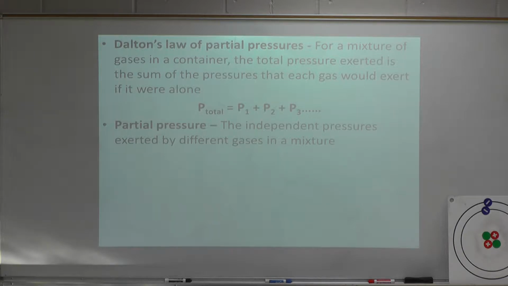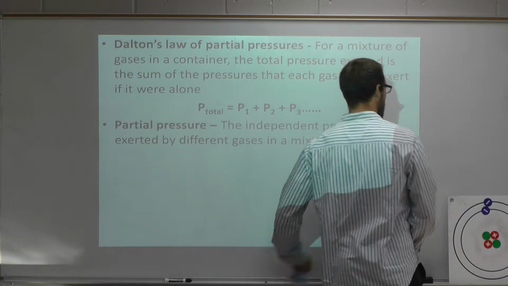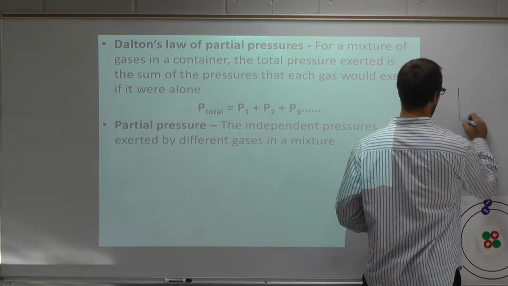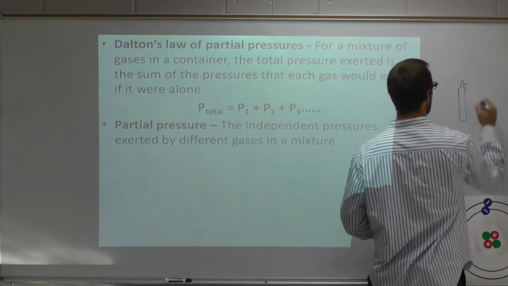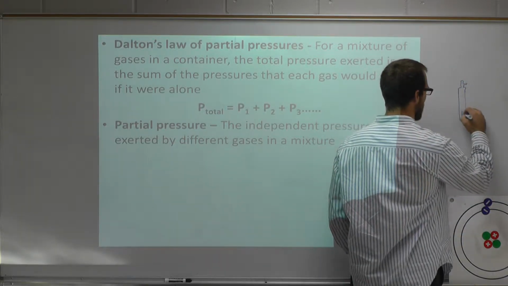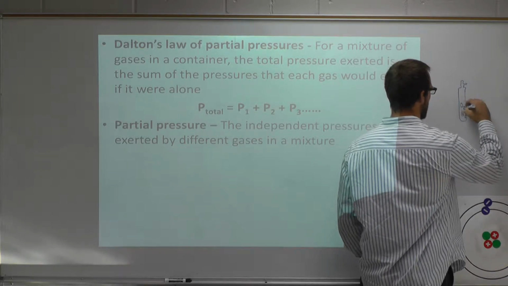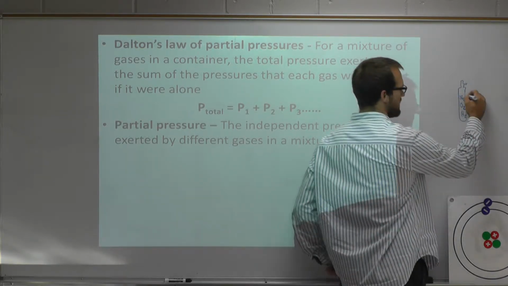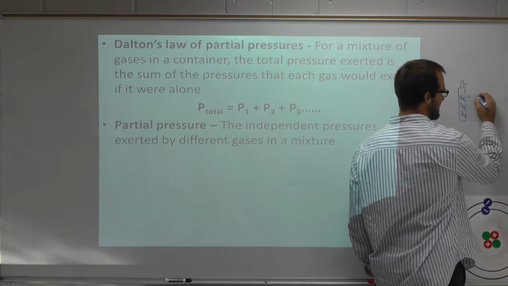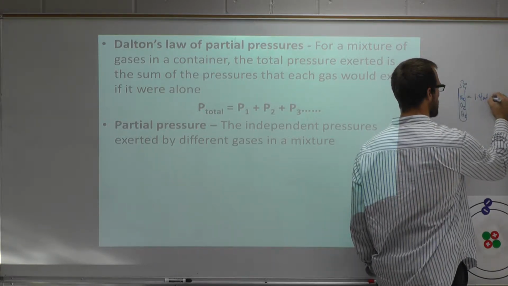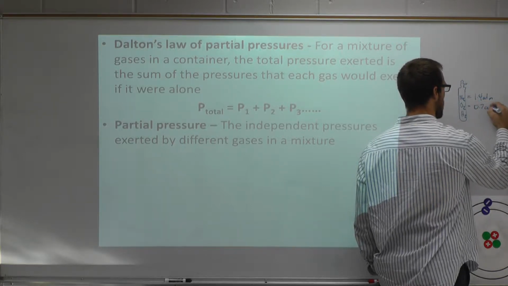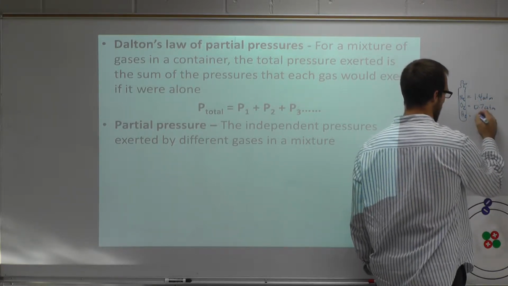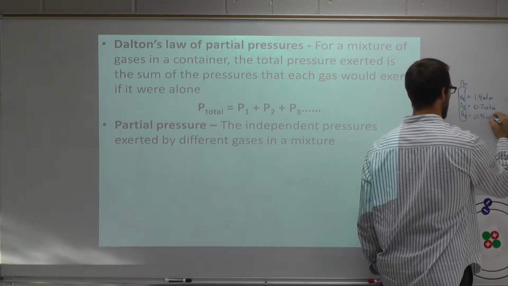What I mean by that is if I have a container with hydrogen gas, oxygen gas, and nitrogen gas in there, let's say the nitrogen gas exerts 1.4 atmospheres, the oxygen gas exerts 0.7 atmospheres, and the hydrogen gas exerts 0.5 atmospheres.